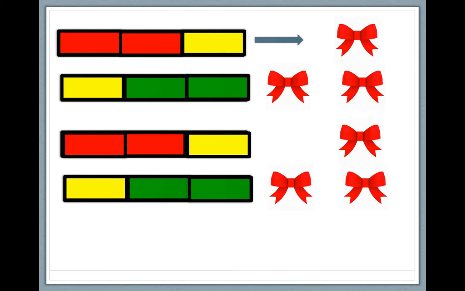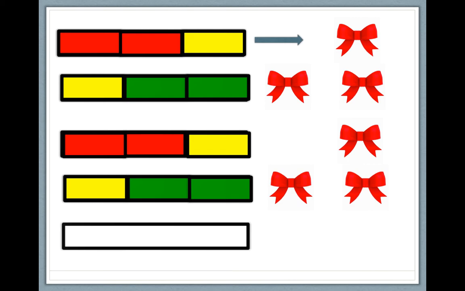That means I need, sorry, a 5th yard of ribbon. But from this 5th yard, I don't need all of it. I just need 2/3 of it, right? So even though I have a 5th yard, I don't need the whole thing. I just need 2/3 of it to make that 7th bow. So how many yards of ribbon did I need? 1, 2, 3, 4, and 2/3.